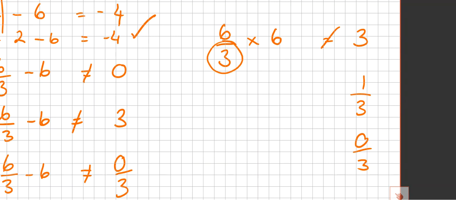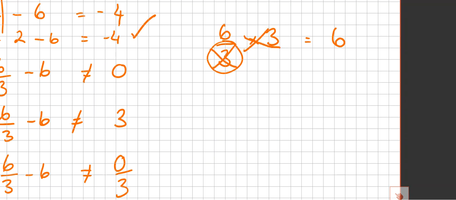So what I could think about doing is, well, what if I were to multiply by 3? Now I'm cooking on gas a little bit. Now I'm like, well, that's 6. That does get rid of that bit, doesn't it? Yes, it does. 6 divided by 3, then times by 3.